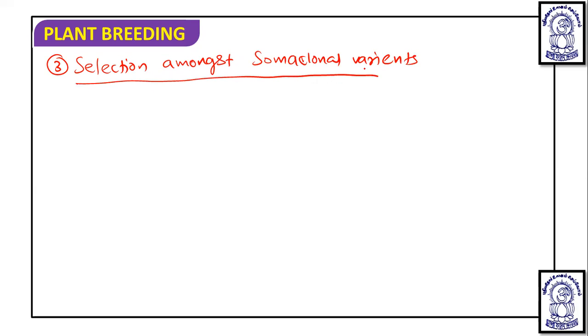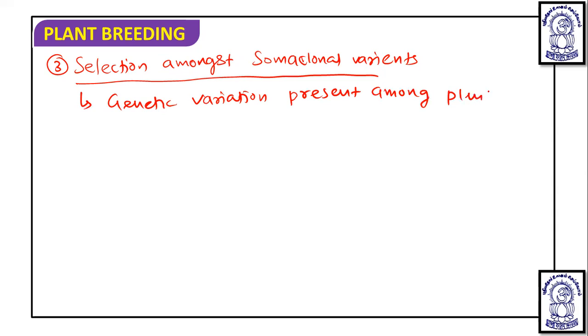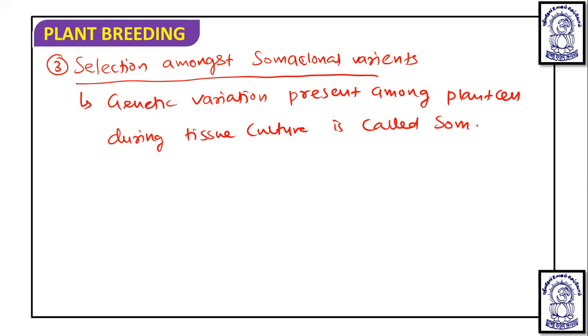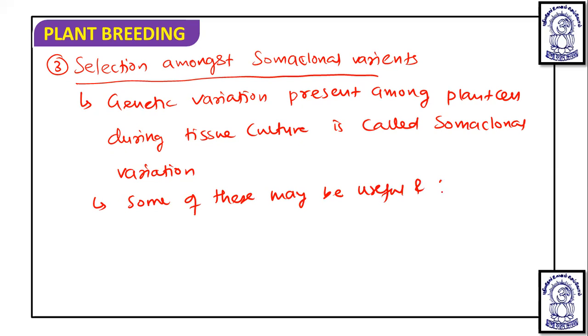Genetic variation present among plant cells during tissue culture is called somaclonal variation, and some of this may be useful and stable.